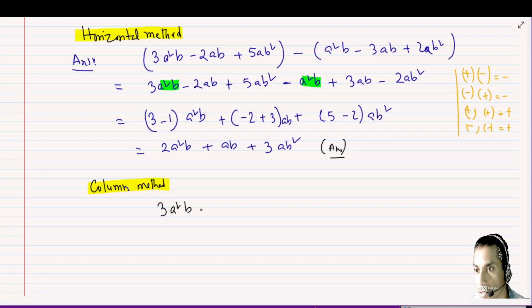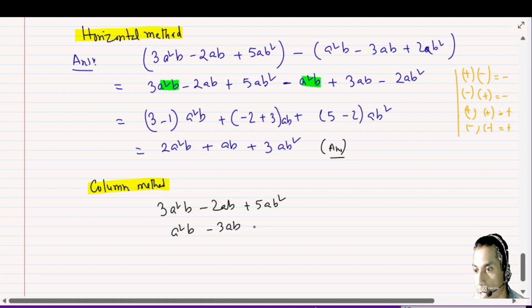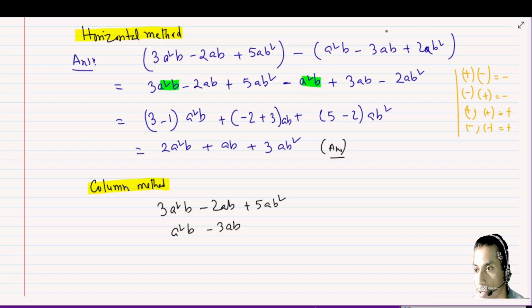A square b, this is the first expression, plus 5ab square, and just at the bottom of 3a square b, you find the like term of the second expression, that is a square b. Clear? So next you have to consider 3ab, arrange it. It is already arranged, but sometimes you cannot get it arranged, you have to arrange it. Okay. So next what you have to do, 2ab square.